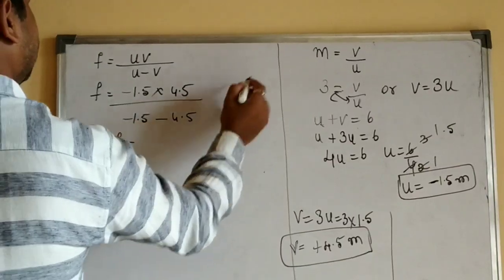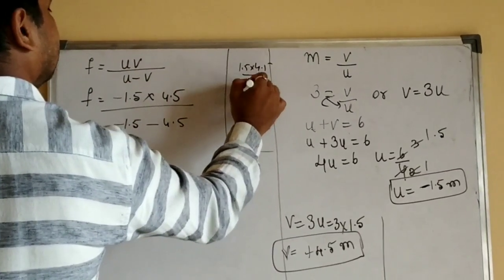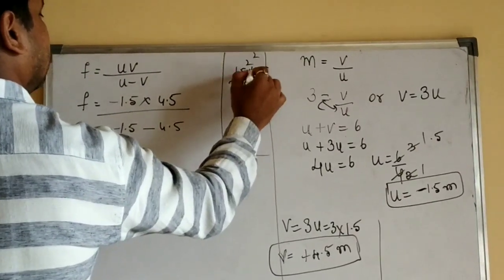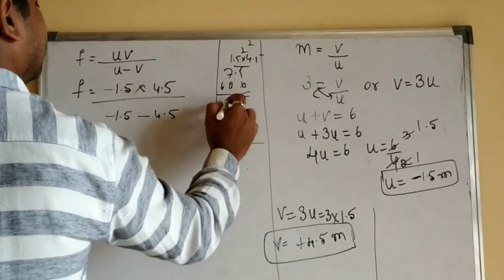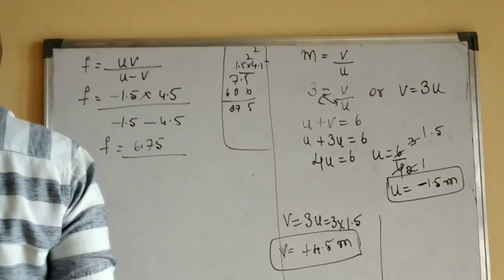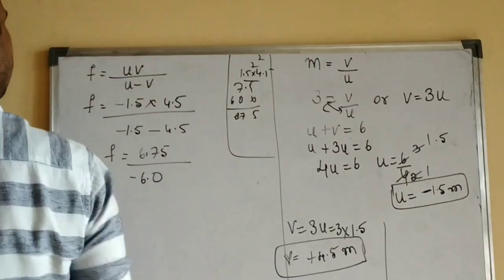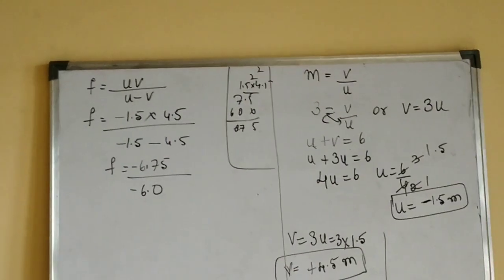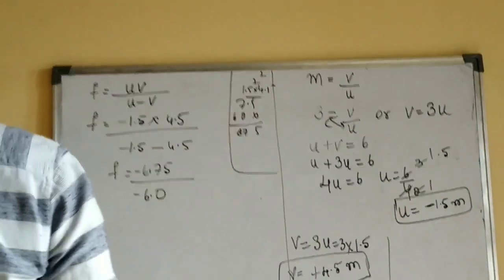You can multiply 1.5 into 4.5. So what do you get? 6.75, divided by minus 1.5 minus 4.5, which is minus 6. So minus 6.75 by minus 6.